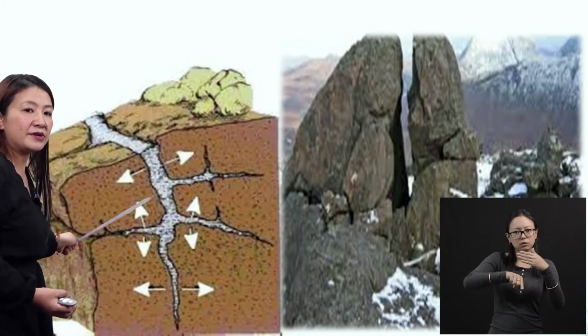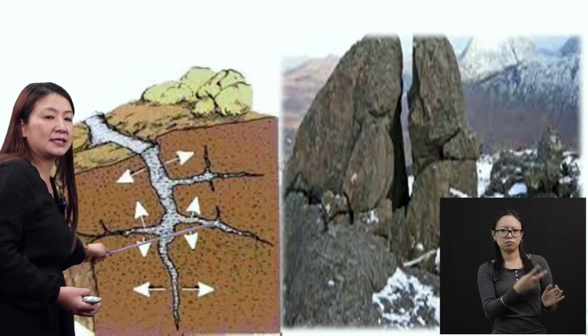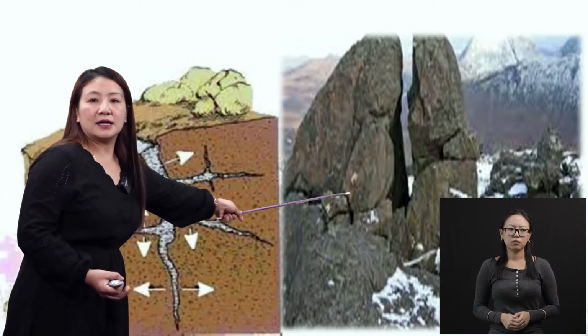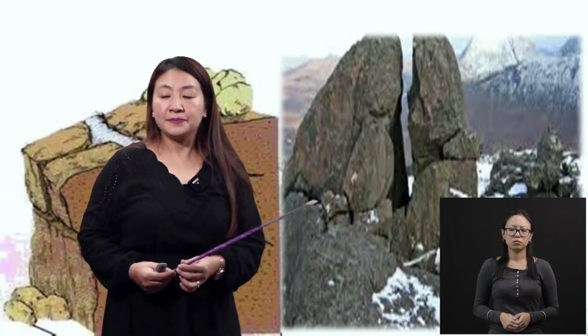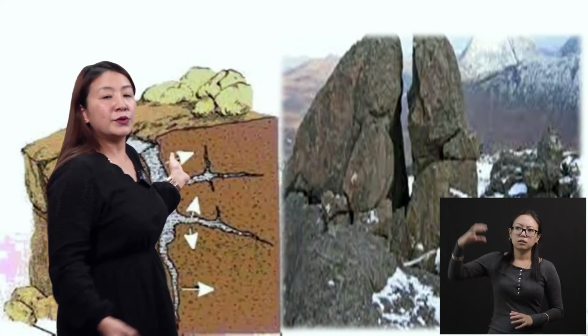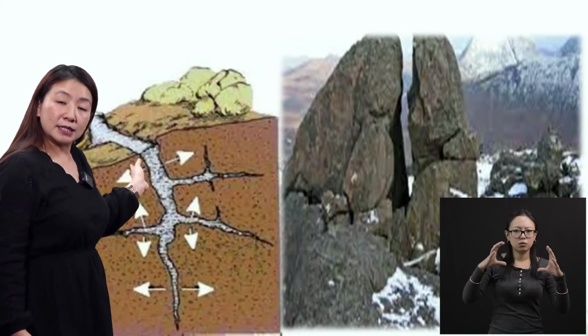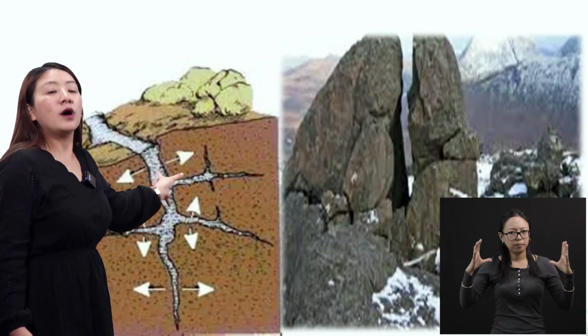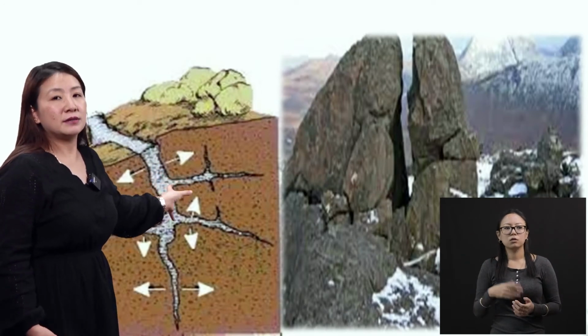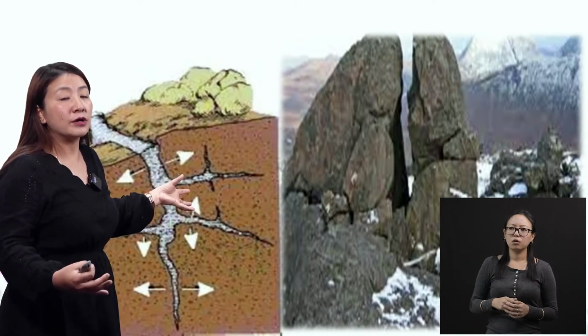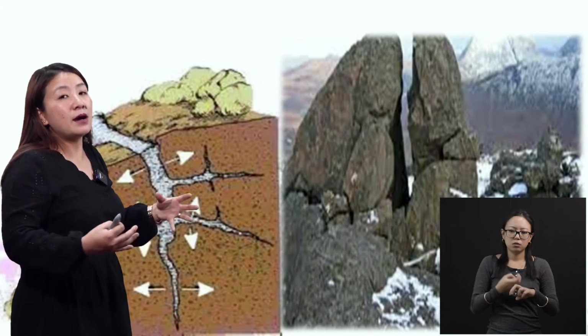And what happens? Just like the sun expanding the stone, even here during the day, when it is a hot, sunny day, the water becomes hot, right? The water becomes hot, and it will expand.